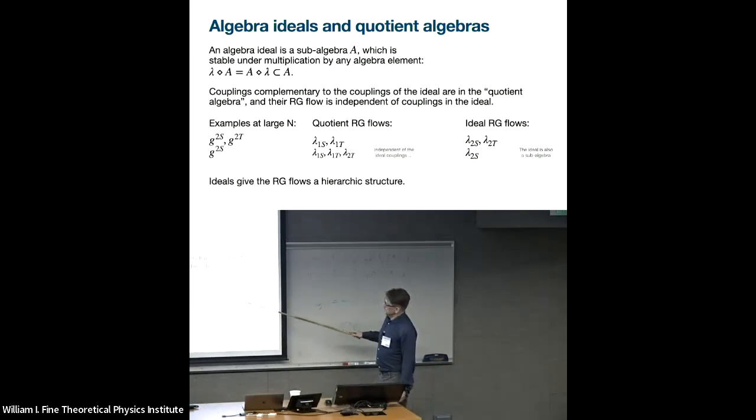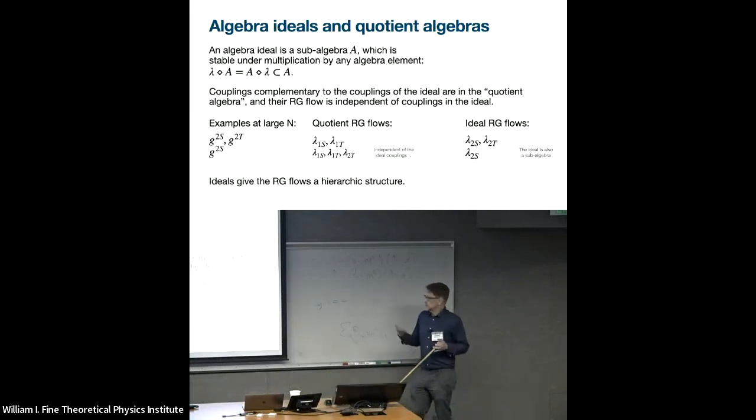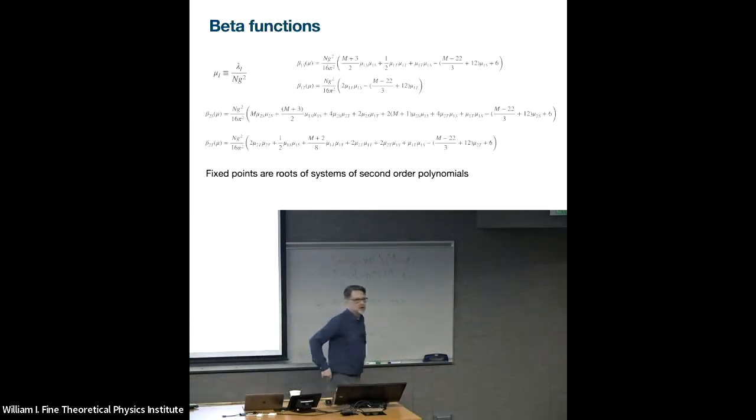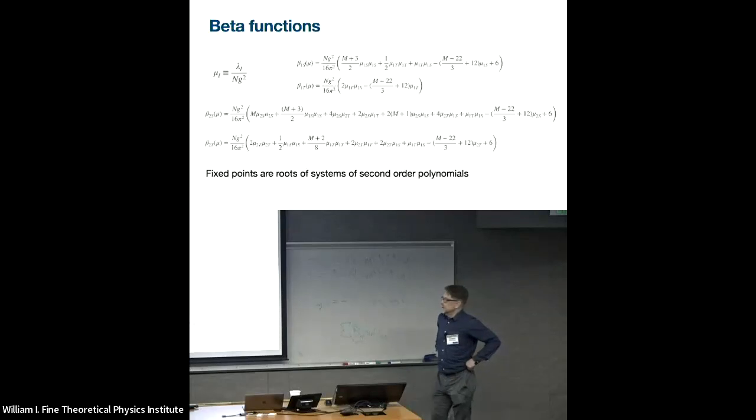And the ones in the ideal also have some interesting properties. They're just subalgebras like the previous slide. But the fact that this is isolating parts of the flow gives a hierarchic structure to the flow. It will give a hierarchic structure also to the set of fixed points, if you can find any.